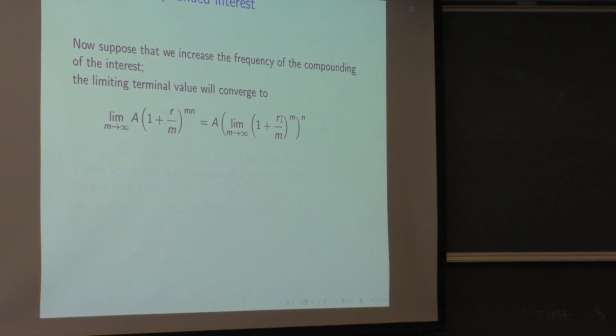And now I look at this limit over here, and we all know and love this limit. This is just e to the r. So the end result of taking this limit is A, the amount you deposit, times e to the interest rate, times the number of years.